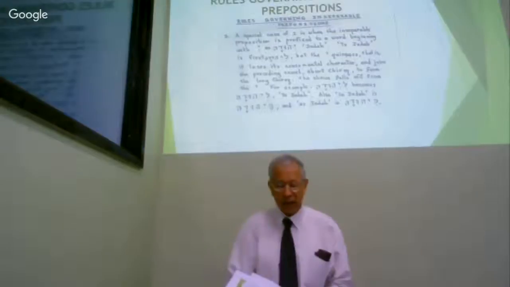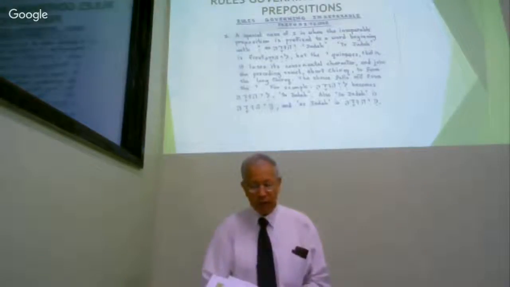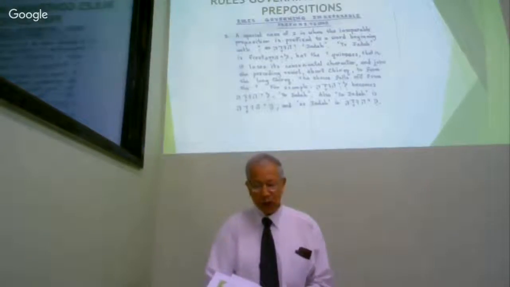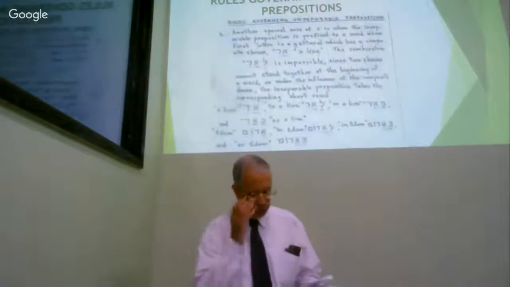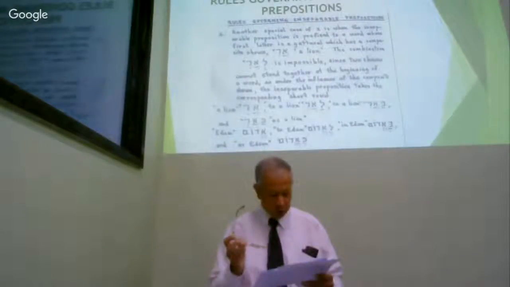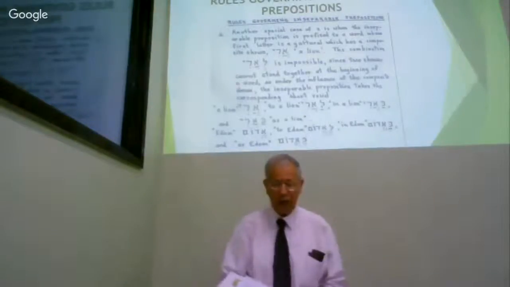Also in Judah is Bihuda, and as Judah is Kihuda. Okay, so I will look at this next term, but for exam purposes, you don't have to know this one. Rule number 4 also, you don't need to know for the exam, but I'll go through it quickly.